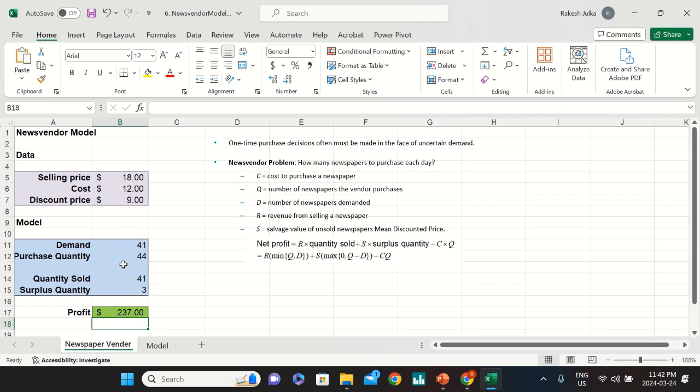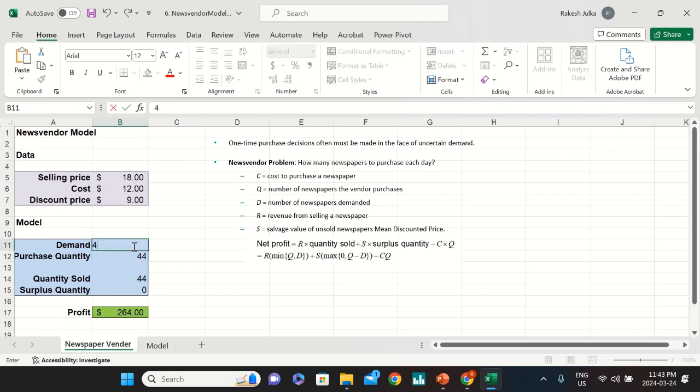For example, if the demand of the newspaper is 42, it means only 2 newspapers remain and the profit will be 246. If the demand is 43, then the profit will be 255. If the demand is 44, the profit will be 264.